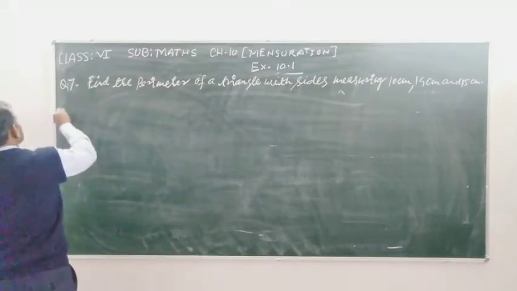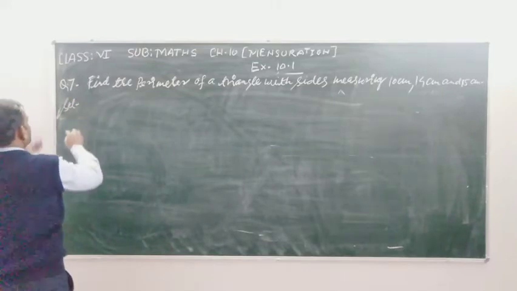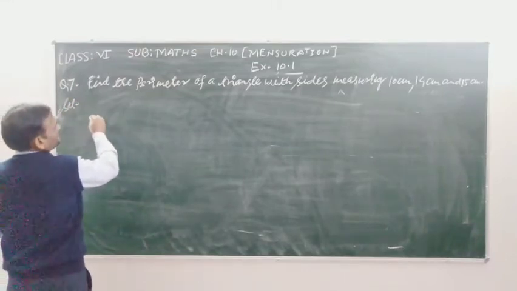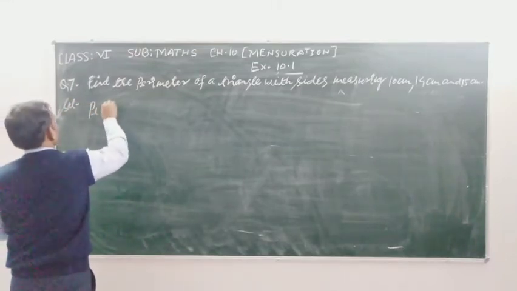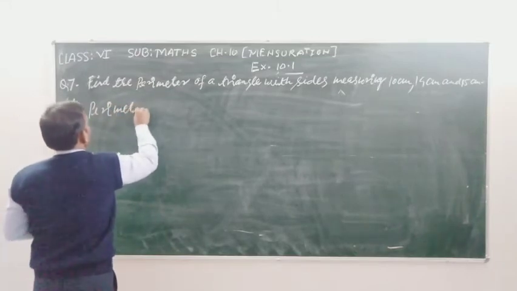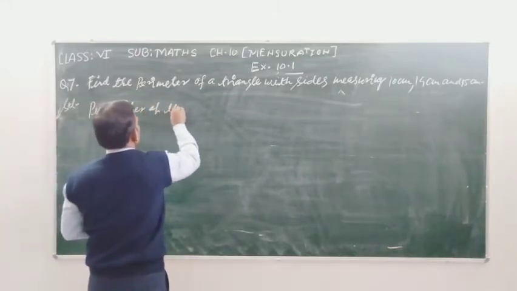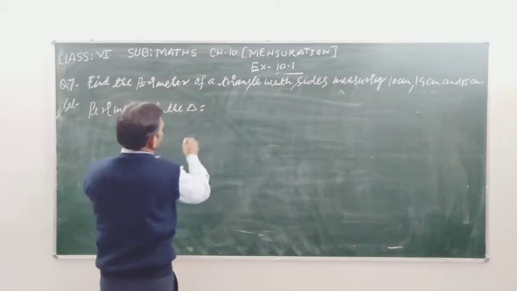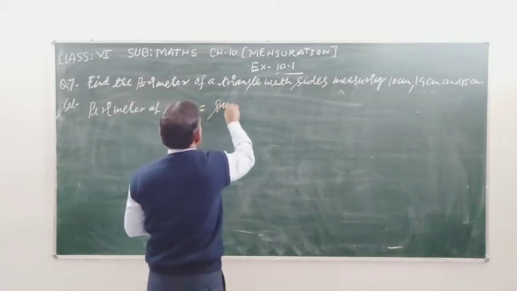So you can give the solution in one line. Perimeter of the triangle is equal to the sum of all sides, you know.